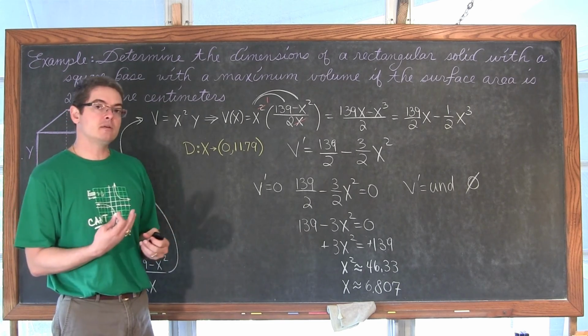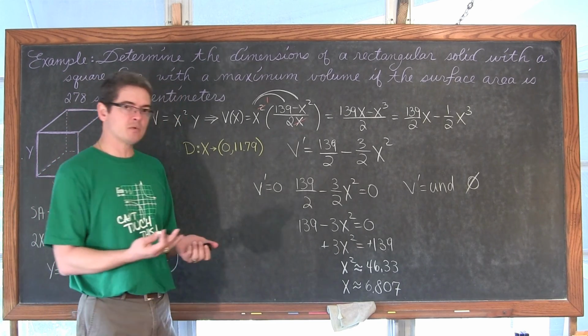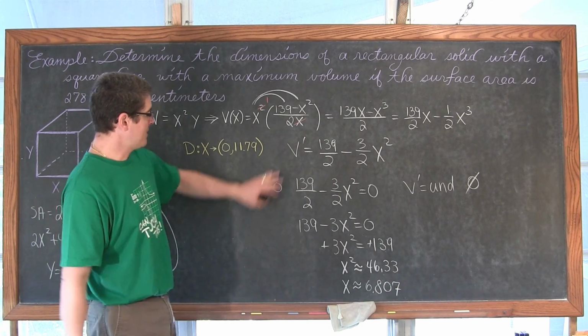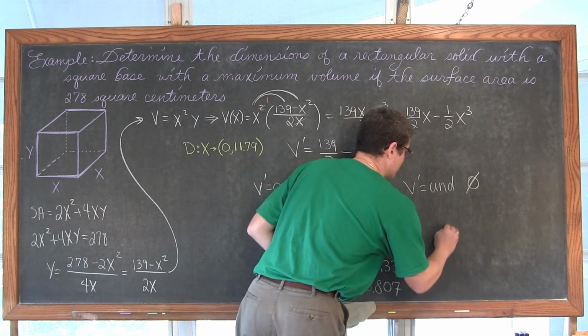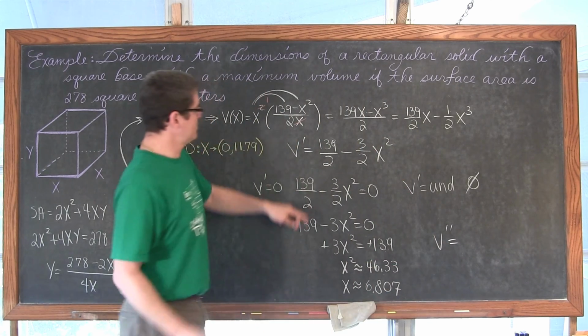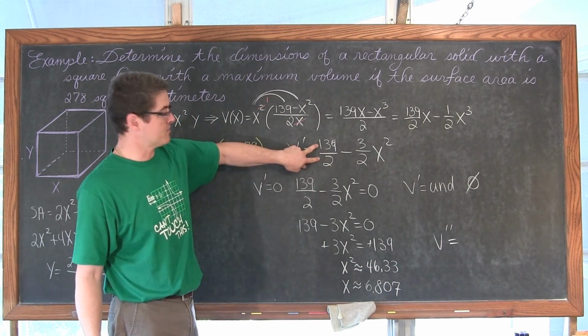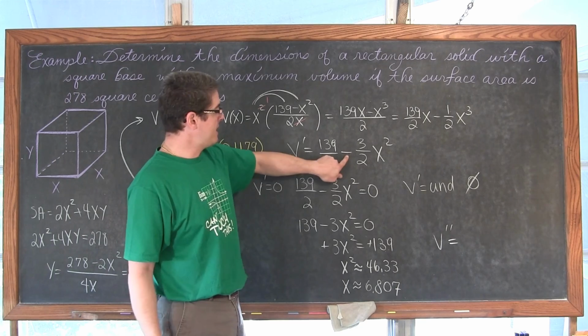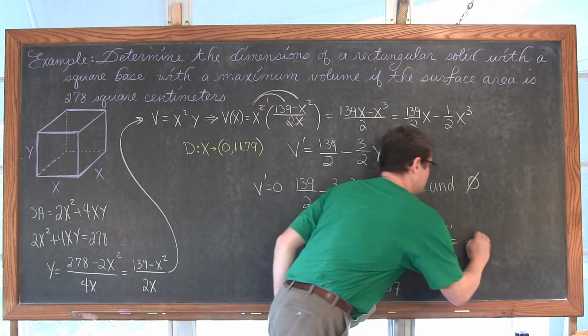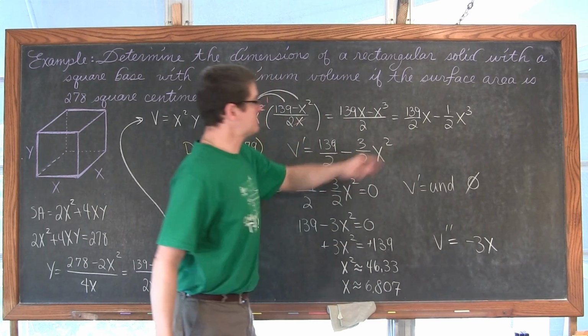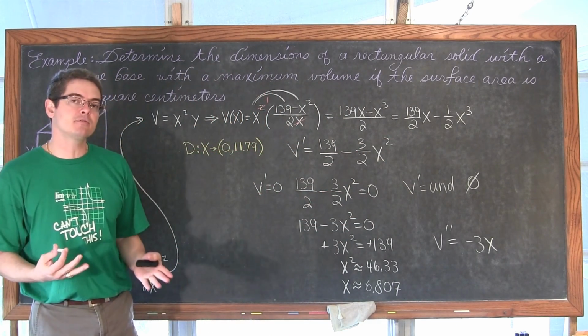Or I can go to the second derivative test, which for this one is actually going to be pretty simple. I'm going to take this first derivative and find the derivative again. So the second derivative is equal to, well, let's see here, 139 over 2 is going to be 0, and negative 3/2 times 2 is going to be negative 3. And reduce that exponent by 1, and we just simply have negative 3x.